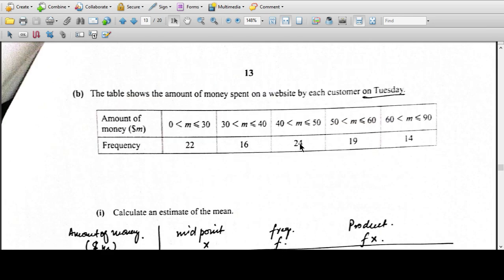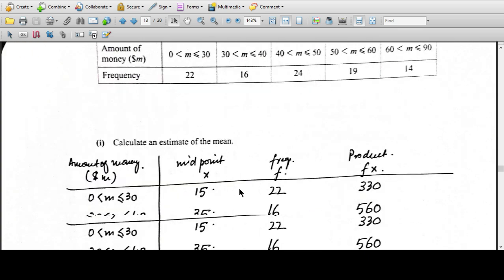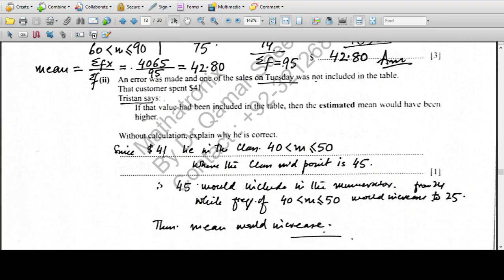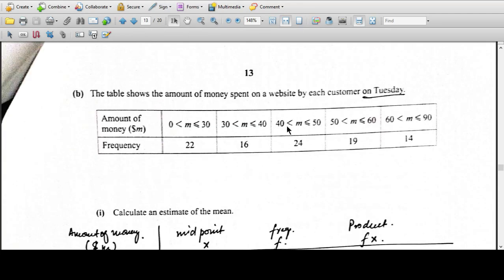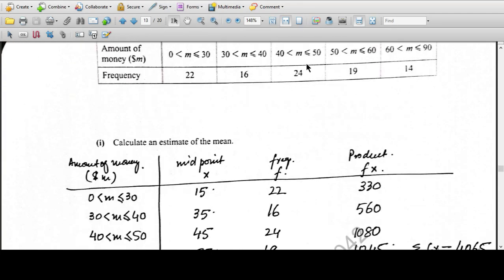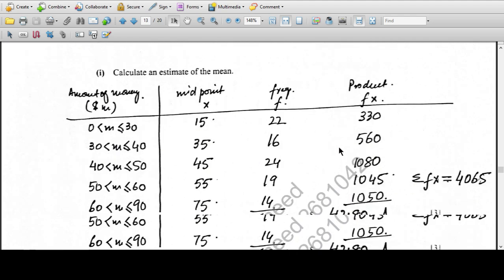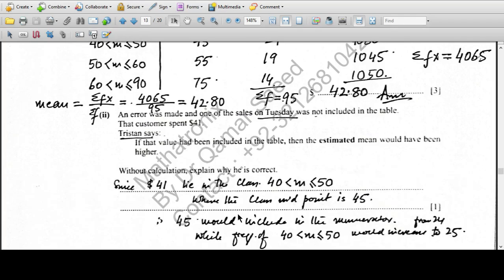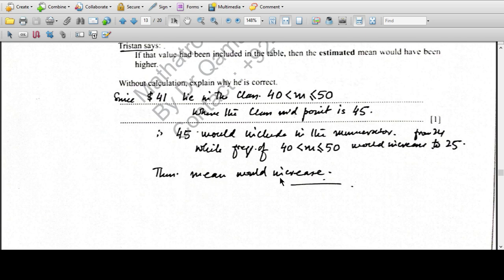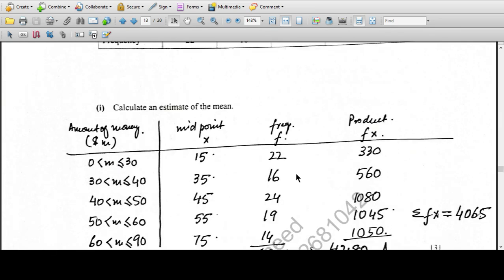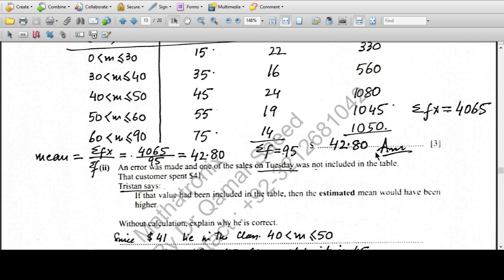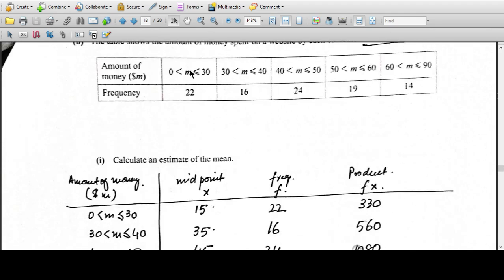Thus the mean value would increase. So Tristan is correct. This is just an understanding of this question.